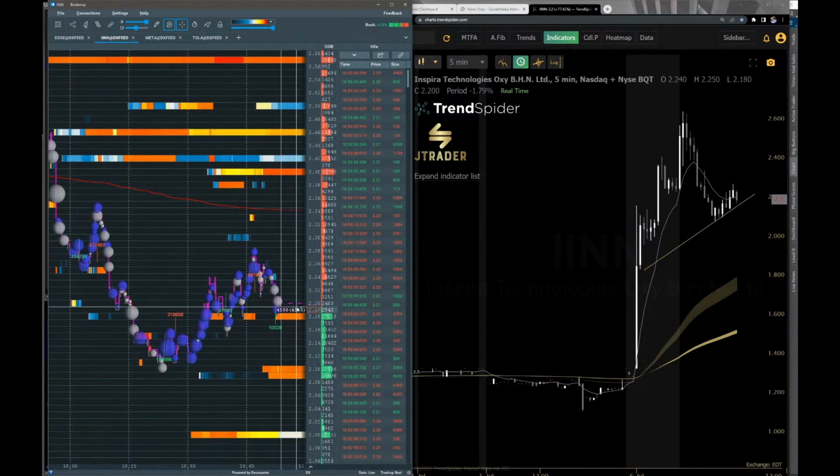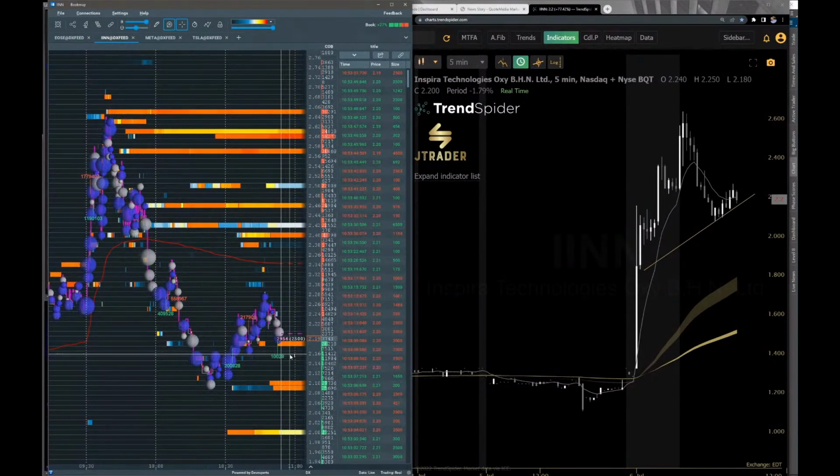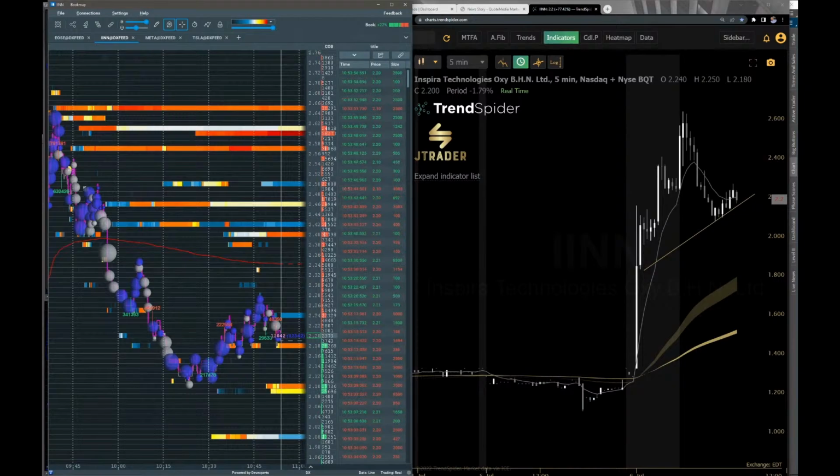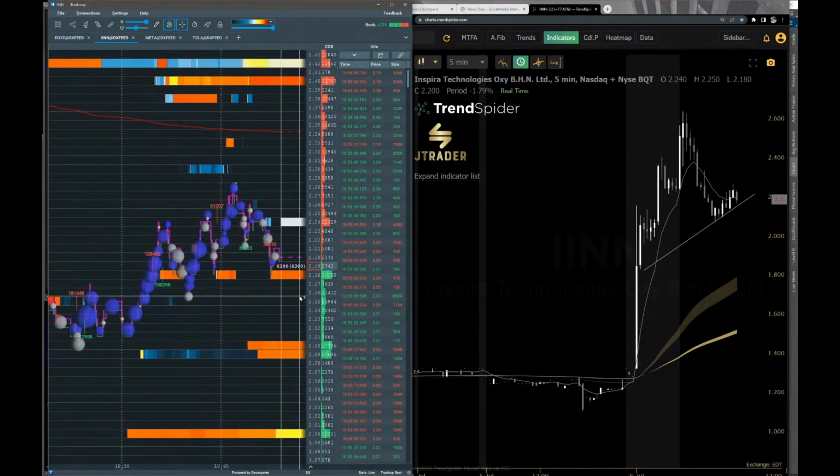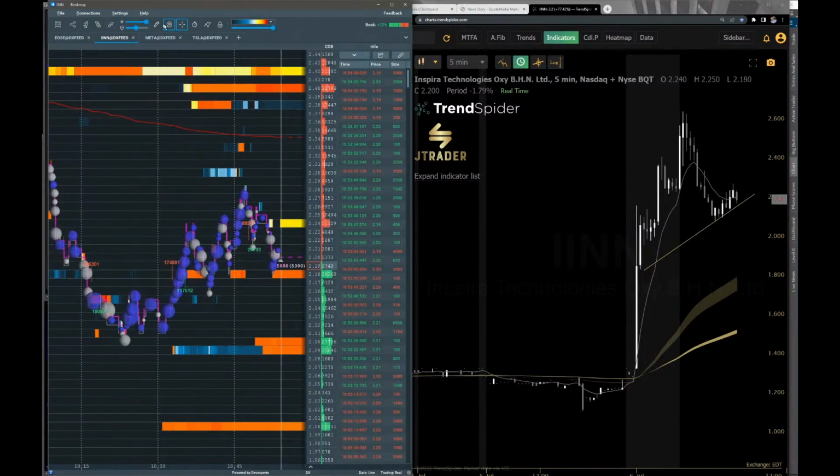That support at 218 seems pretty weak. So we have some prints at 219. Seems like a nice bear flag over here.